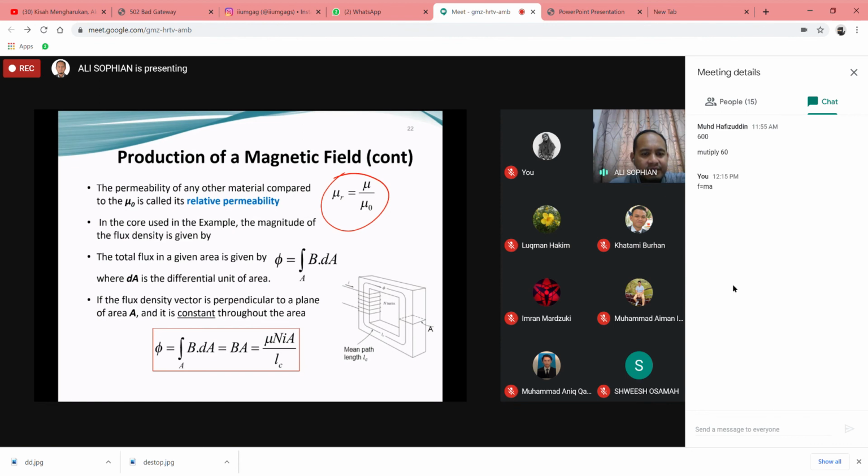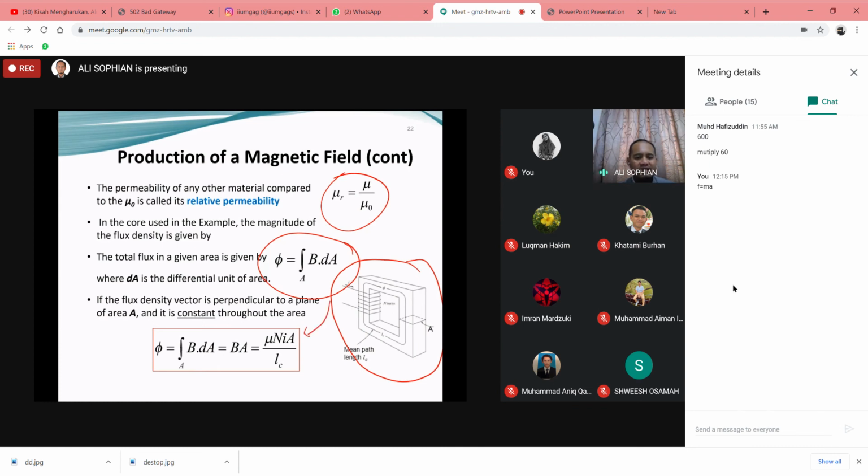Okay, the total flux in a given area is given by the closed loop integral of B dA, where dA is the differential unit of the area. For this particular example, the ferrite core that we have, we can simplify this equation. Why?